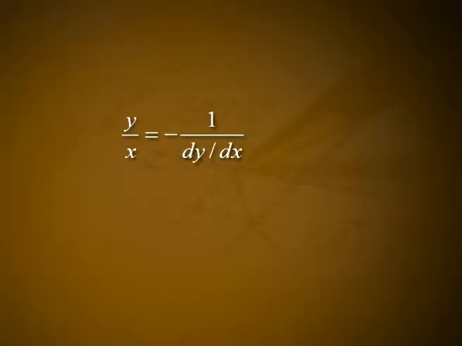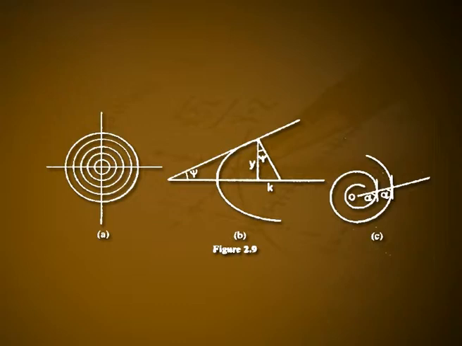To get the orthogonal trajectories, we replace dy by dx by minus 1 by dy by dx to get y by x is equal to minus 1 by dy by dx. Integrating this equation, we get x square plus y square is equal to a square, which gives the orthogonal trajectories as concentric circles. See the figure.